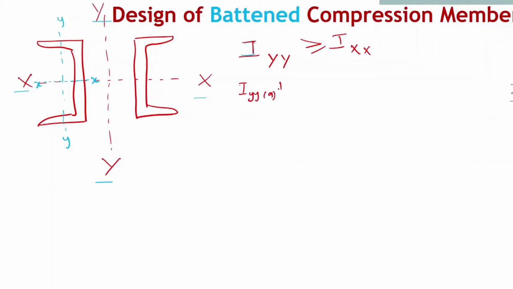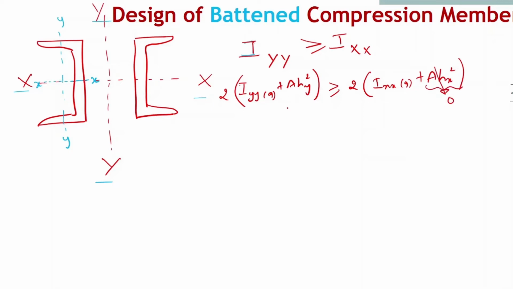Iyy equals 2 times Ig plus A Hy square. We have discussed this even in the design of laced column members, so please refer to that for detailed information about this moment of inertia and the arrangement. As we have discussed already, Hx is 0, so this term is 0, and you will get only this term in here.